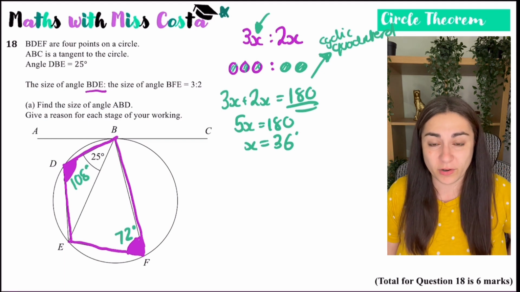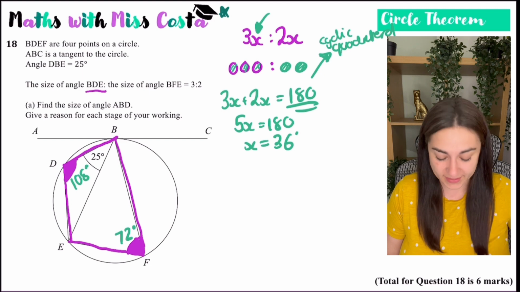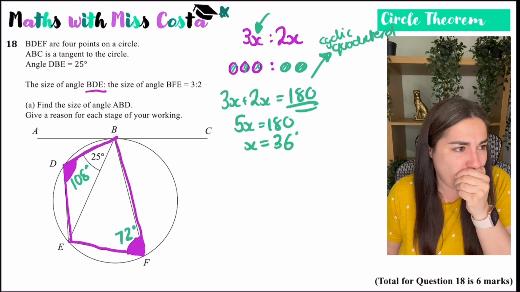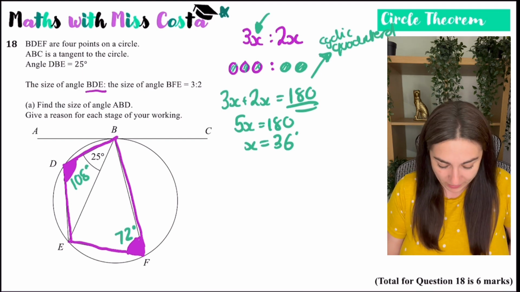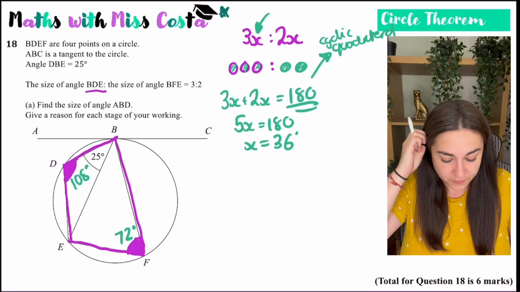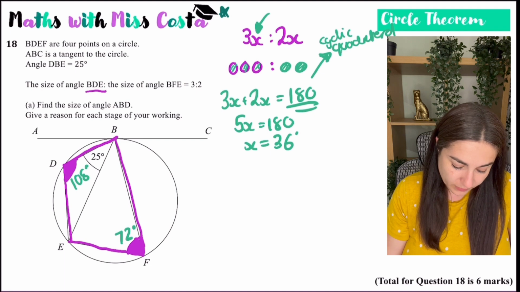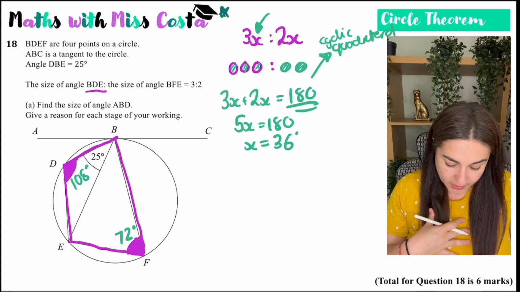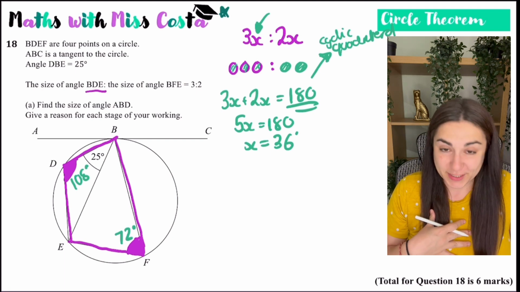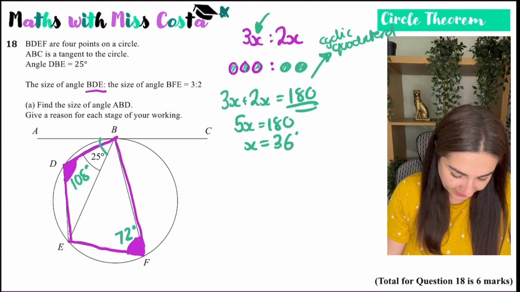There are a few ways that we can go about the next part. One of them is using the alternate segment theorem. There are so many ways that we can do this, but let's have a look at this.